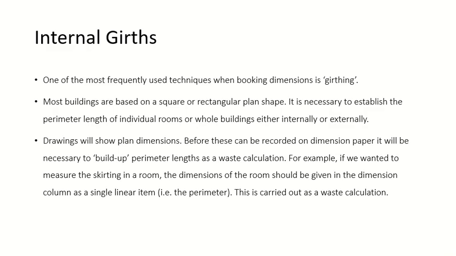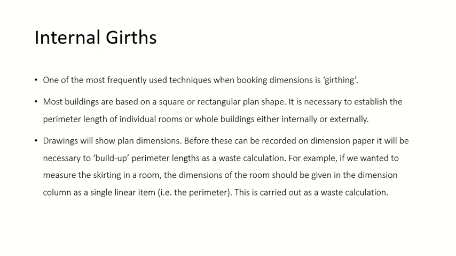So when you are booking dimensions, one of the most important things you may have to do is girthing, meaning taking out the perimeter of the area you have. Most of the buildings are designed in square or rectangular blocks. Even the government authorities, when they are dividing the land into blocks, will divide them into squares and rectangles, unless you have some restriction at a particular site.